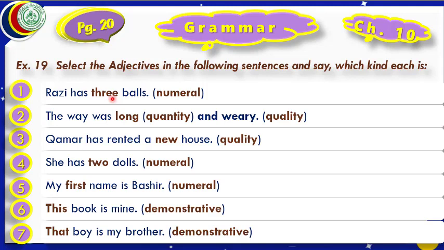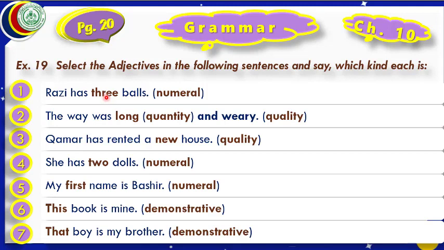And 3 is telling us the answer of how many. When a word answers the question how many, that is called a numeral adjective. How many? Numeral. How much? Quantity. This 3 is telling us how many.